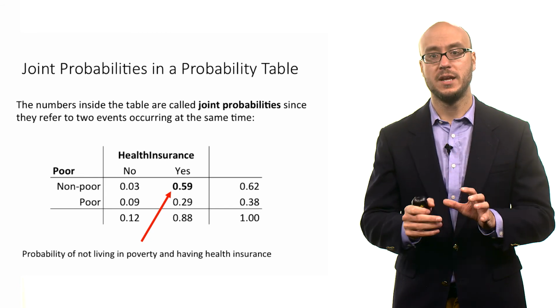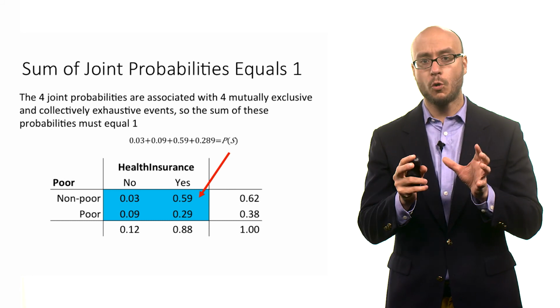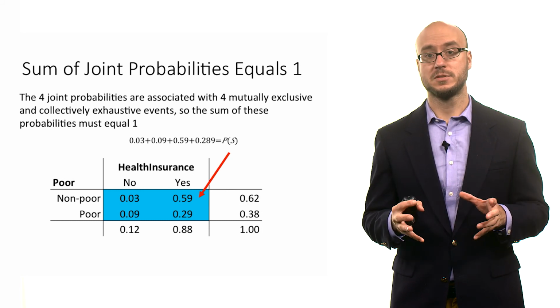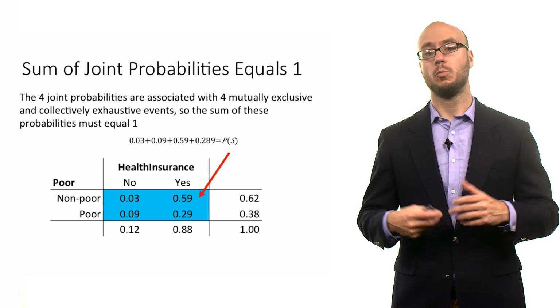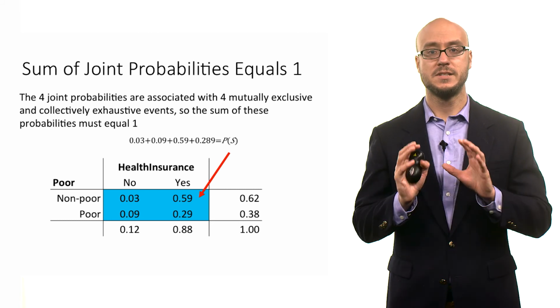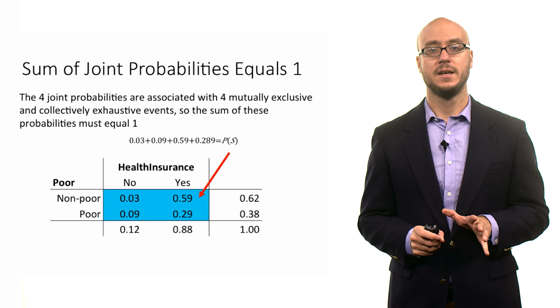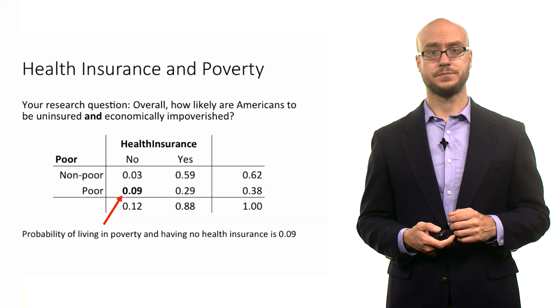These are the probability of these two events occurring at the same time. These four joint probabilities make up a sample space, and that must equal 1 as well. Within rounding error, when you actually collect this set of data, there will be some rounding error, but these four mutually exclusive and exhaustive outcomes will also equal 1 within rounding error.